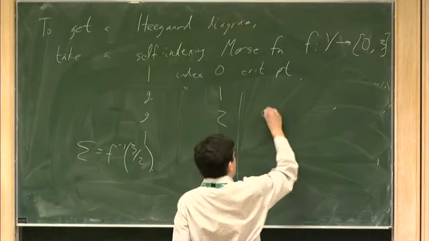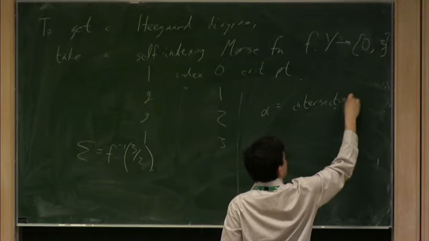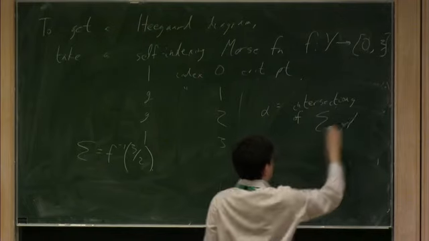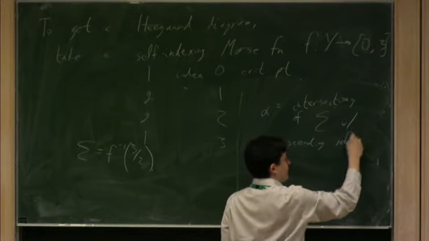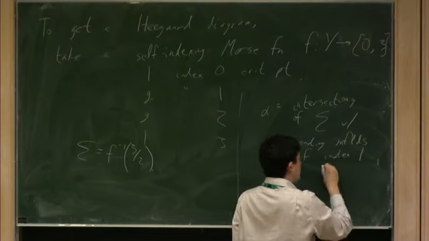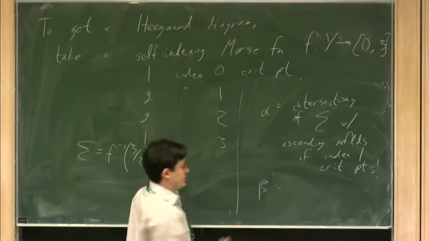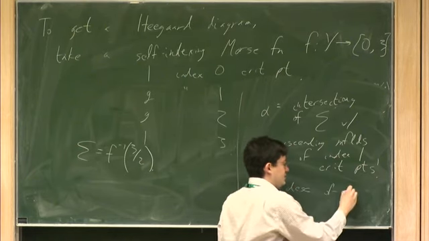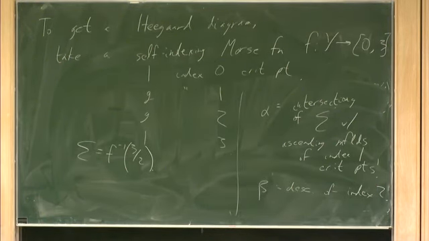So the alpha will be the intersections of sigma with the ascending manifolds of index 1 critical points, and then the betas similarly will be the descending manifolds of index 2s.